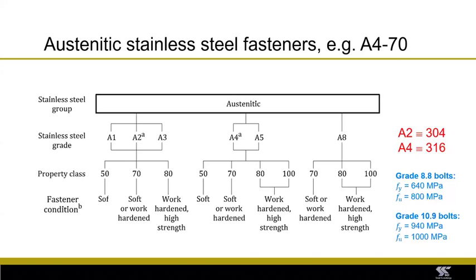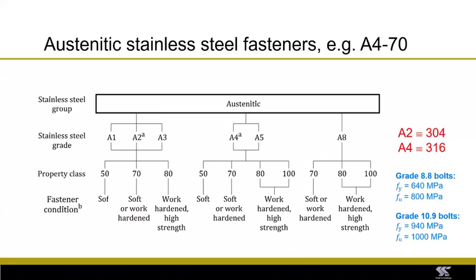First of all, you start off with a letter A for austenitic. Then you have a number which defines the corrosion resistance. So A2 is equivalent to a 304, and A4 moves you up to a 316. And then the final number, be it 70, 80, that defines the property class, so that's the strength.